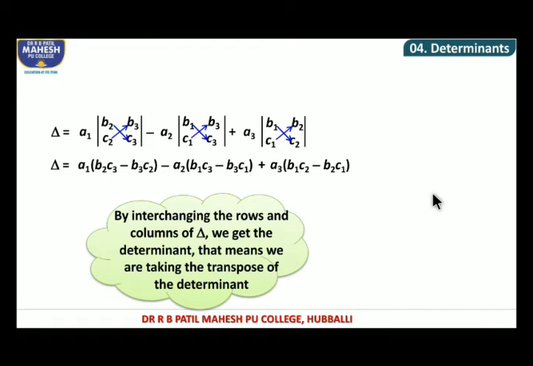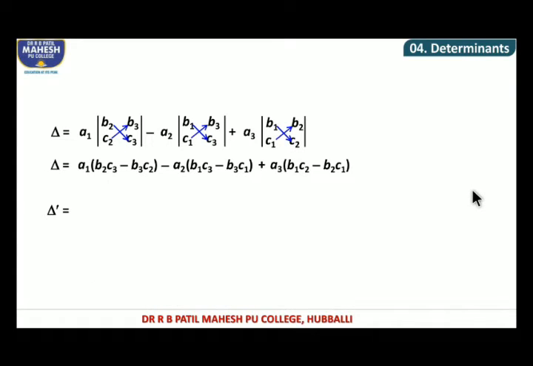Now by interchanging the rows and columns of delta, we get the determinant. That means we are taking the transpose of the determinant. Transpose means we have to interchange rows and columns. So take that transpose determinant as delta dash is equal to the determinant. The first column becomes a1, a2, a3 by transposing.